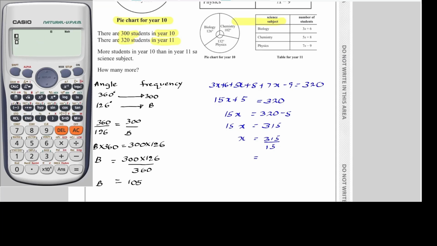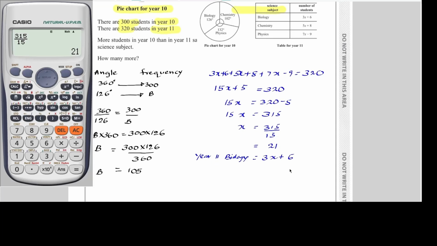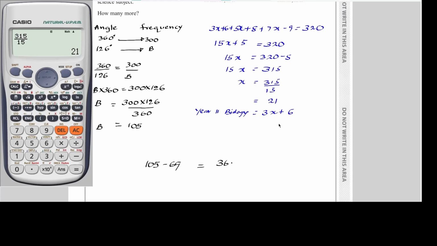So let's divide by 15. 315 divided by 15 gives out 21. So x equals 21, right? Then we need to get year 11 biology, which equals 3x plus 6. 3 into x is 21, plus 6, which gives out 69.